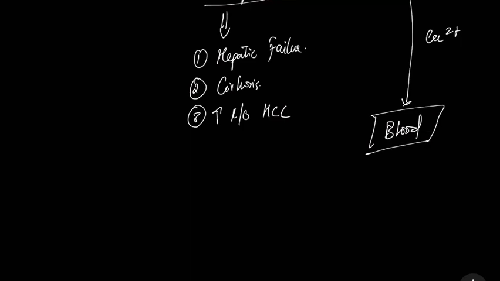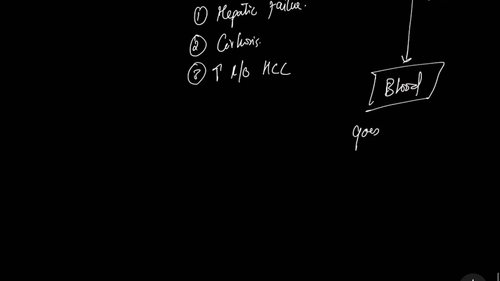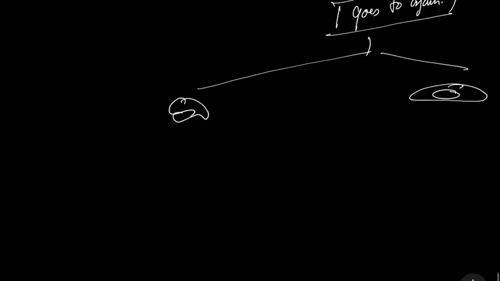Now the copper has moved into the blood, so it goes to different organs. And what are these organs? We've already studied them. The first, your brain, and second, your eyes. In brain, it causes the degeneration of your basal ganglia.